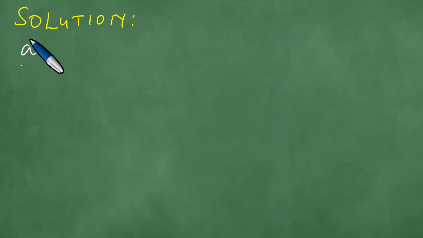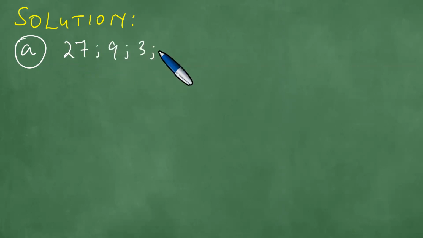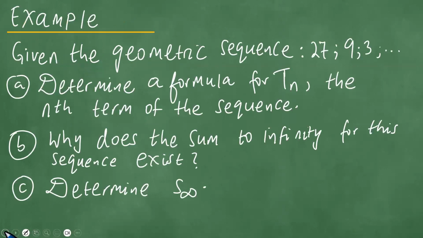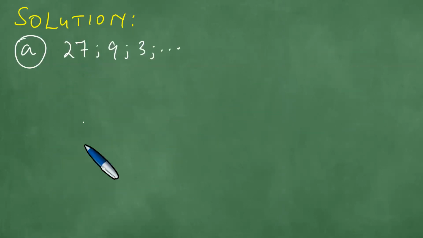Right, we're looking at part A. The sequence given has the terms 27, 9, 3, and so on. Because what does the examiner want? In answering the question, we need to find a formula for Tn, the nth term of the sequence. What is Tn?